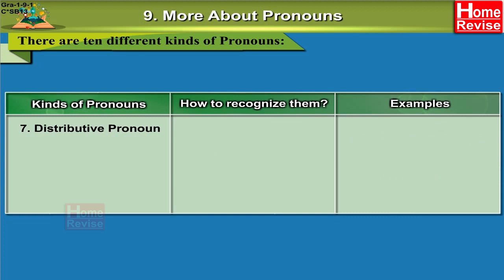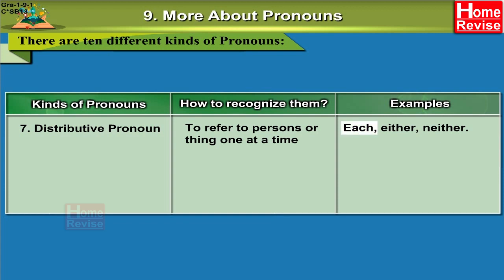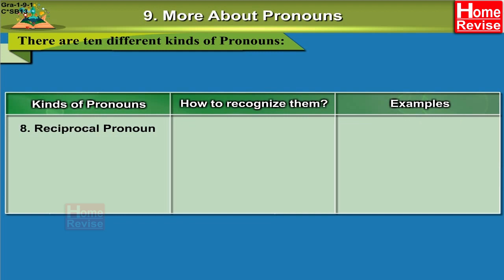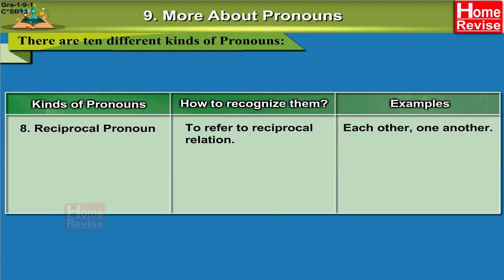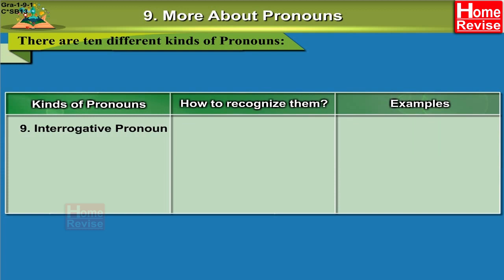7. Distributive pronoun. Used to refer to persons or things one at a time. For example, each, either, neither. 8. Reciprocal pronoun. Used to refer to reciprocal relation. For example, each other, one another. 9. Interrogative pronoun.